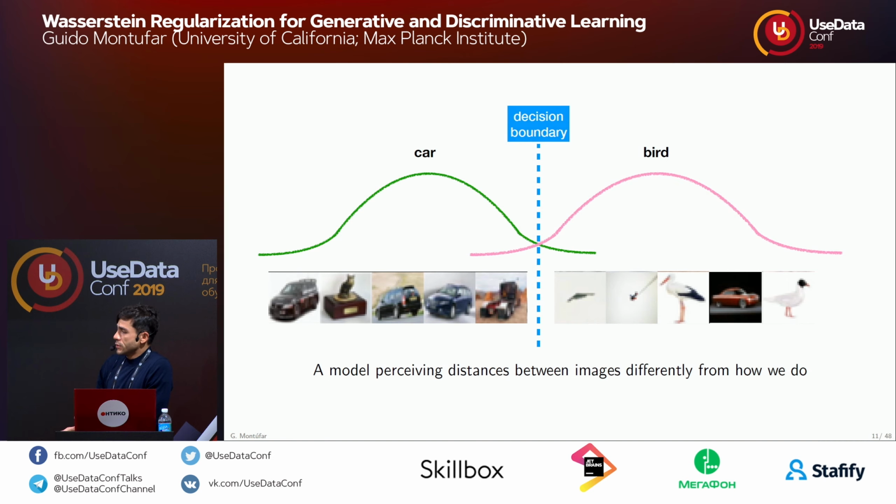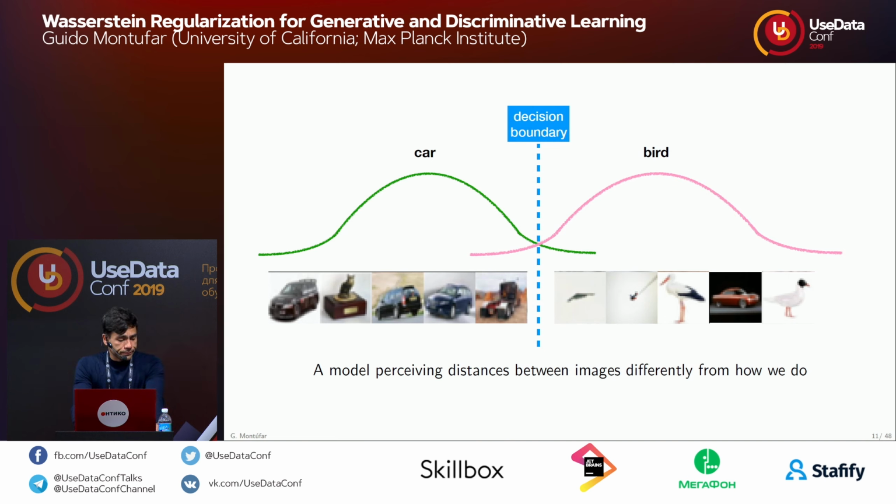In the left part, you see that maybe it thinks that those are the images that correspond to the category car. And in the right, we see the category bird. But if there are some images that actually look like cars near to those images of birds, maybe it will be very easy to construct this small perturbation to a particular input that will change the prediction of the model.